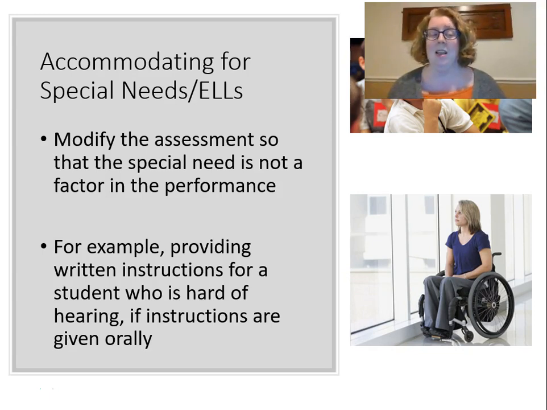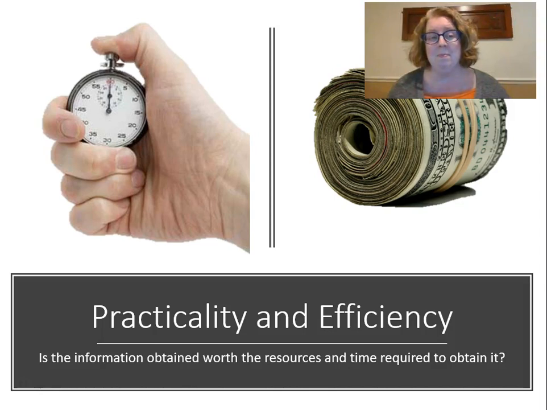We want to make sure that we're giving access to that curriculum or that assessment in a way that provides them with the opportunity to do that assessment. We'll talk a lot more about students with special needs and English language learners at the end of the course when we talk about assessing students with special populations, but know that it has to do with these ideas of validity and fairness in our assessments.